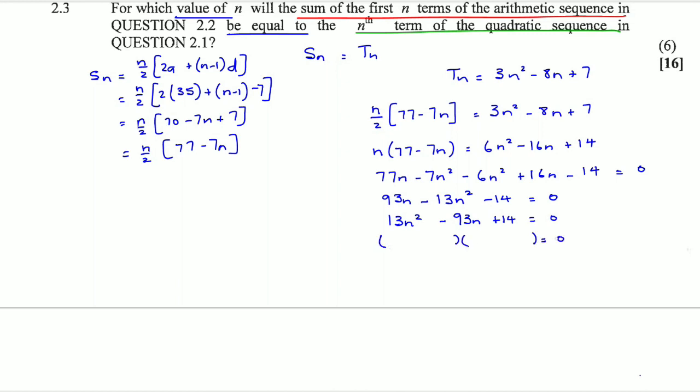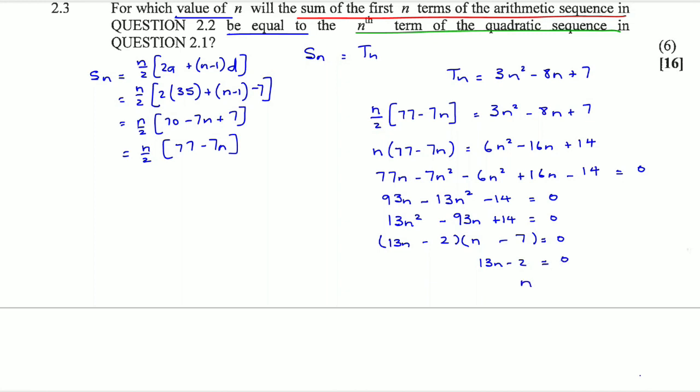13n squared will be 13n times n, and the factors of 14 will be 2 and 7. 13 times 7 will give us 91, plus 2n will give us 93n. And the signs will both be minus. So we have 13n minus 2 equal to 0 or n minus 7 equal to 0.